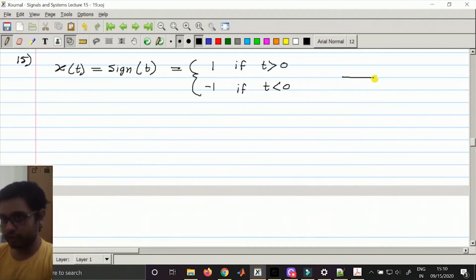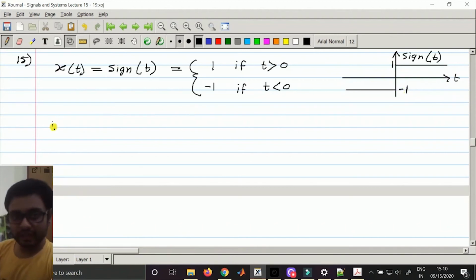If I plot this signal as a function of time, sign of t, also called signum t, will look like this: minus 1 here and plus 1 here. Now the question is, what is the Fourier transform of sign t?